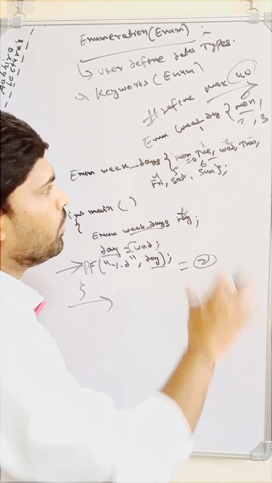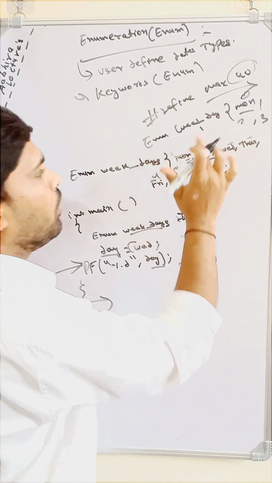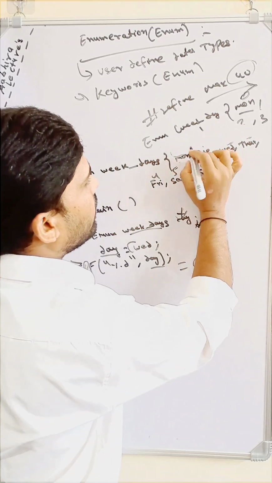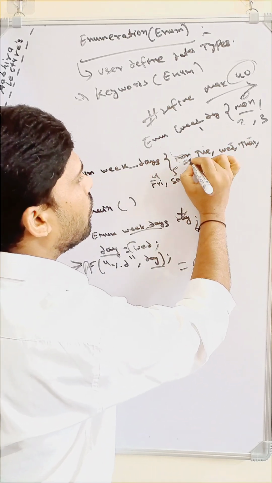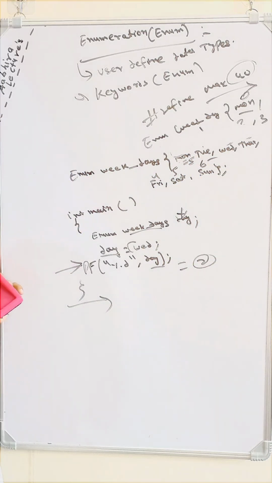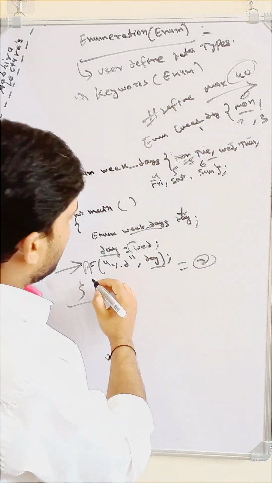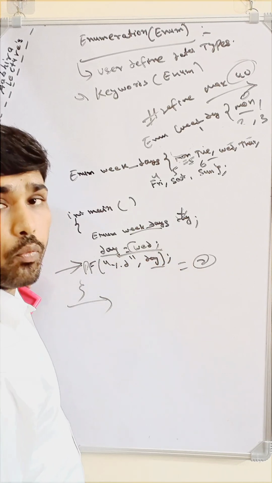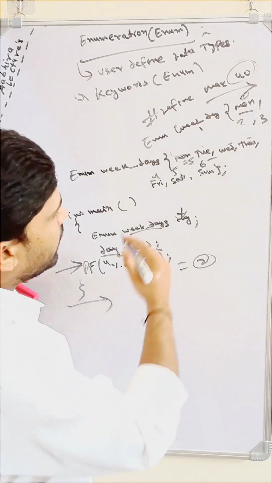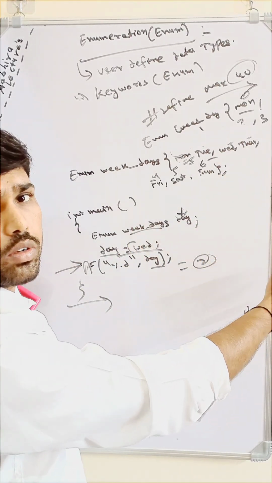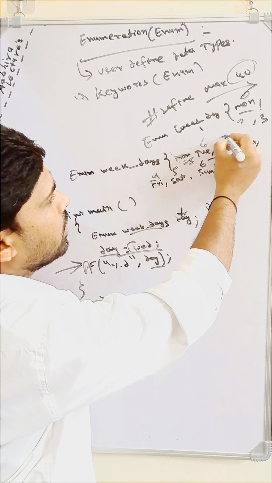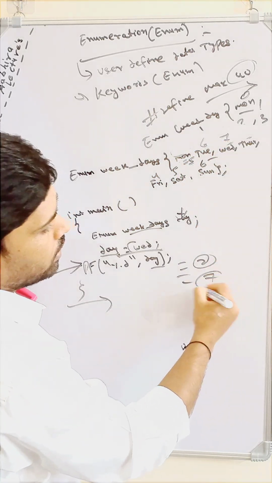Similarly, suppose I initialize Monday equal to 5, and then we print Wednesday. It will take from after 5: 5, 6, 7. The output should be 7.